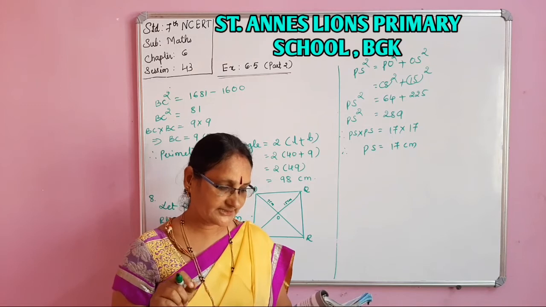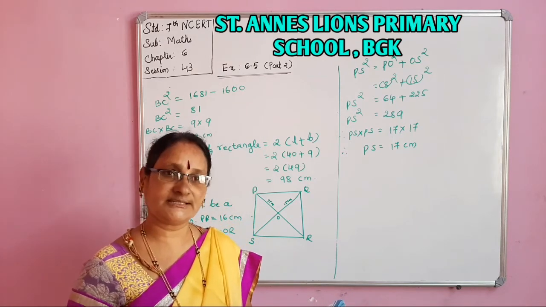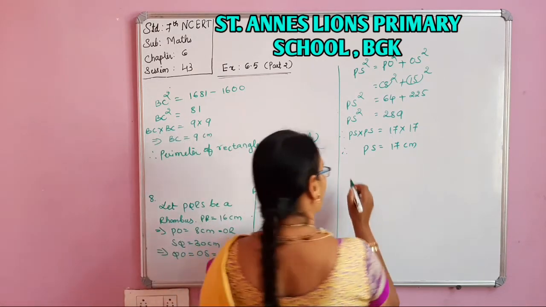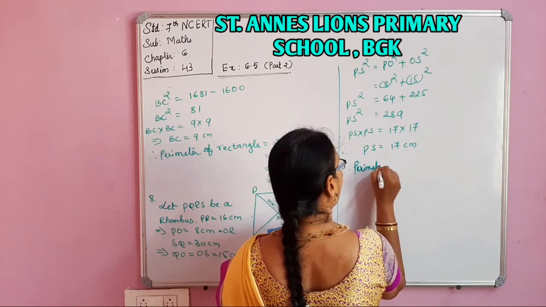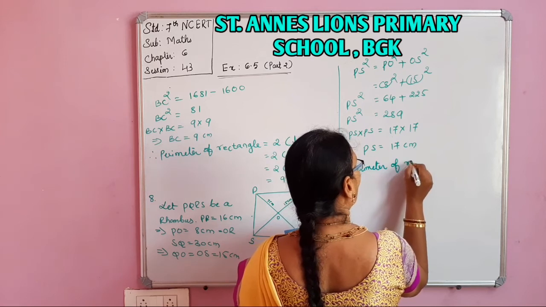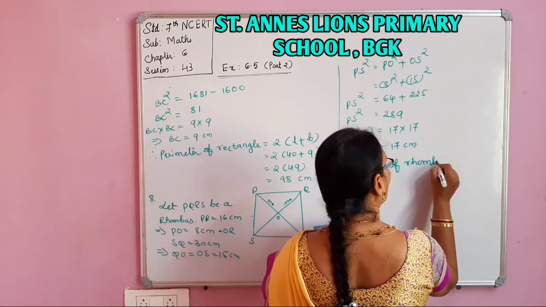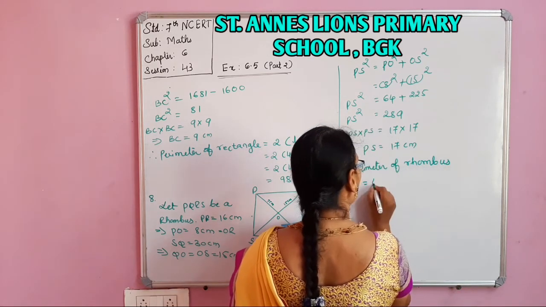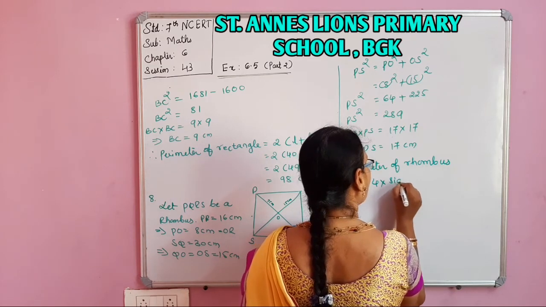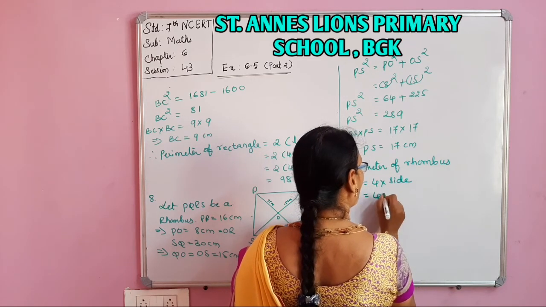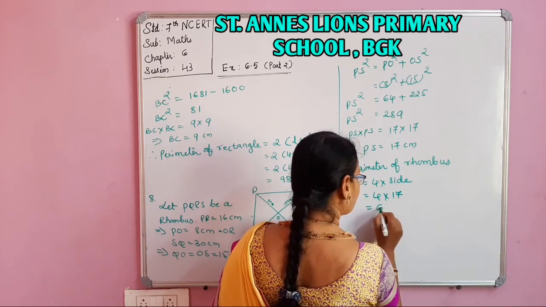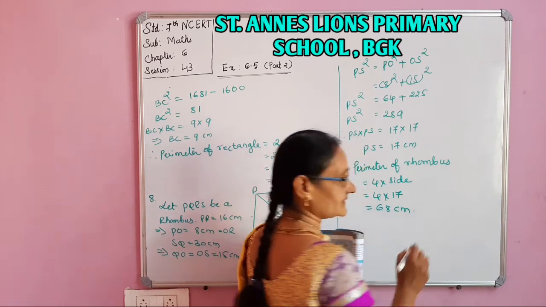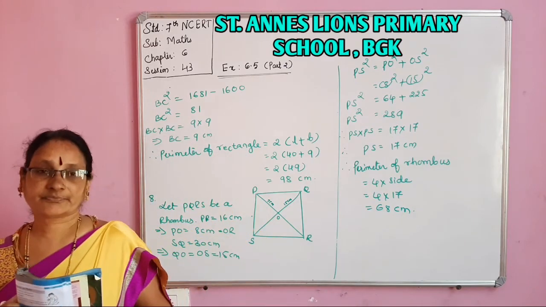Now, perimeter is nothing but 4 into side, since a rhombus has four equal sides. So the perimeter of the rhombus is equal to 4 into side, equal to 4 into 17. 68 centimeter is the perimeter of the rhombus.